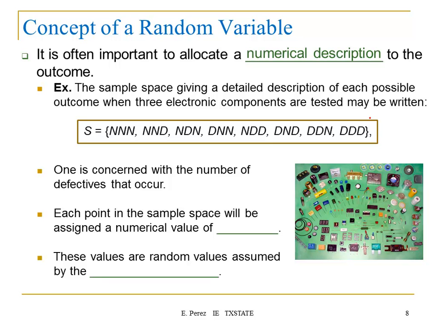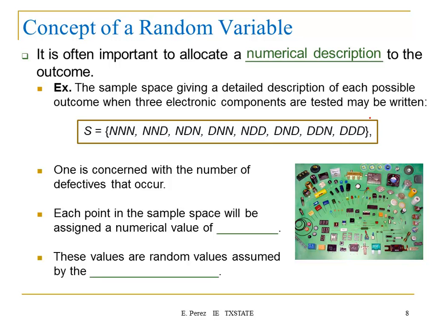Like, you have 3 components, you want to know what the chances are of having defectives or non-defectives. You're picking 3 components, and these are all the outcomes that you can have based on being defective or non-defective. And this is a problem we discussed already. So this is your sample space, right? If you take a sample from this batch of electronic components, 3 per sample, these are the only outcomes that you can have.